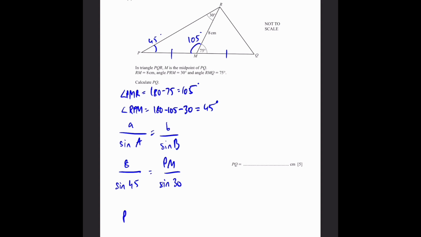Now, PM is equal to 8 by sine 45 times sine 30. And by the way, if you remember, sine 30 from the trigonometric table is half.